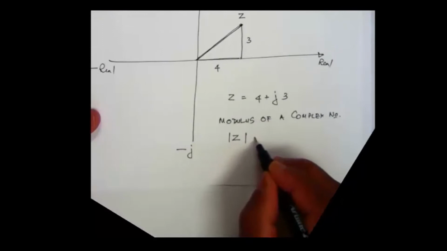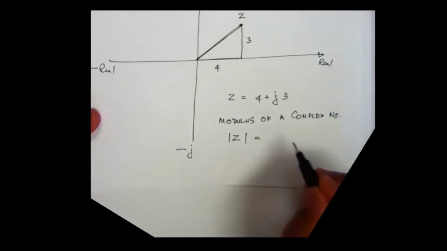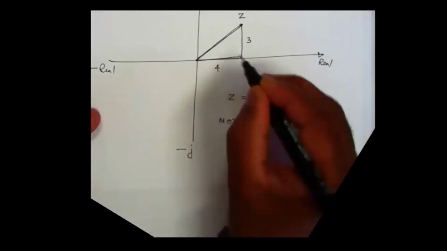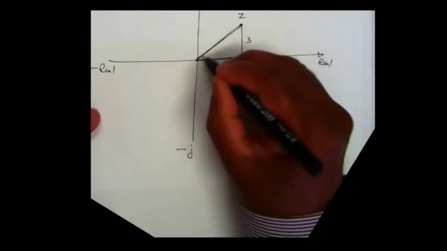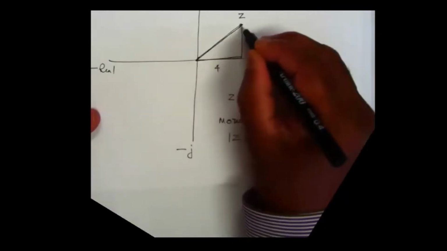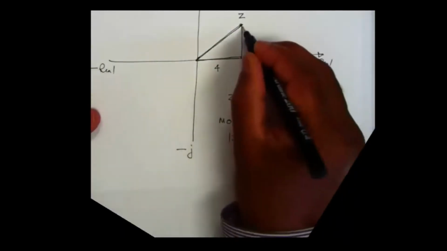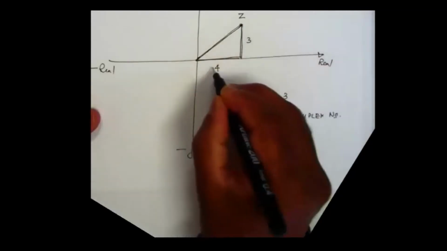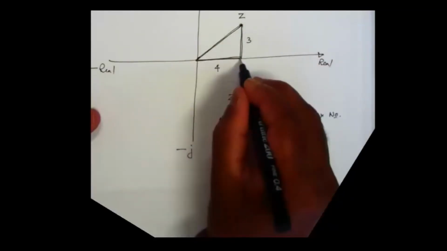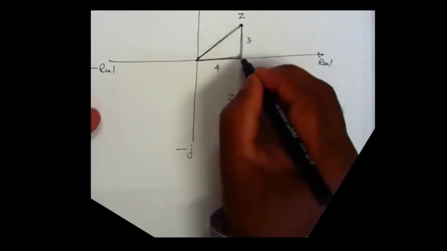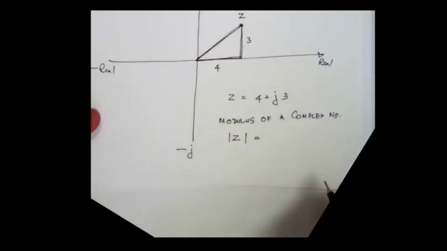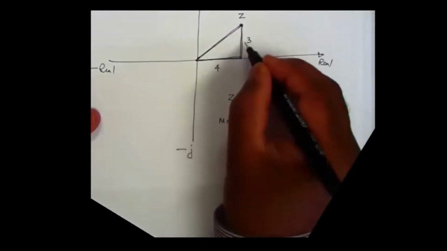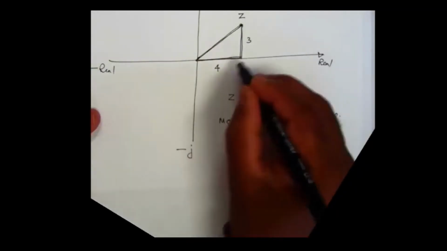And that is equal to the magnitude of this vector here, or the phasor here, which by Pythagoras theorem is the square root of the sum of the square of this and the square of this.